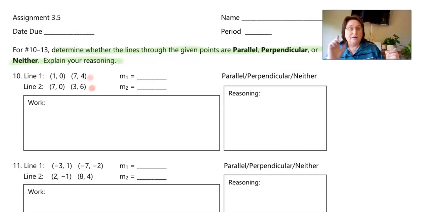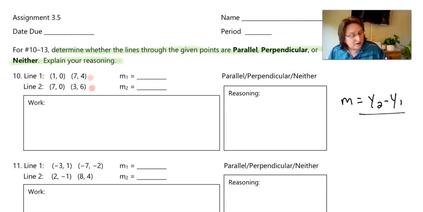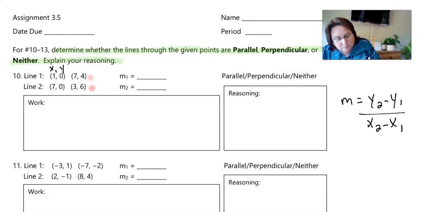Okay, so, guys, if I were you, I would come over here and write your equation for slope. Okay, y2 minus y1 over x2 minus x1. And then we're going to find the slope of each of those lines. So I'm going to do the slope of line 1. I've got x1, y1, x2, y2.